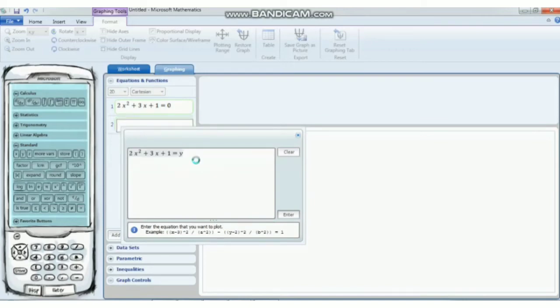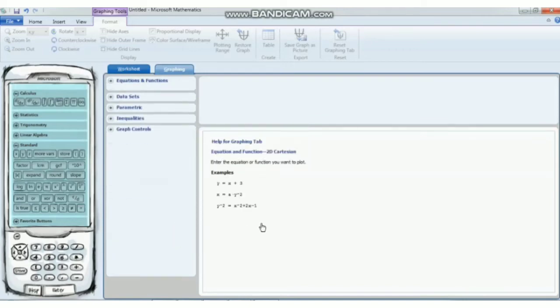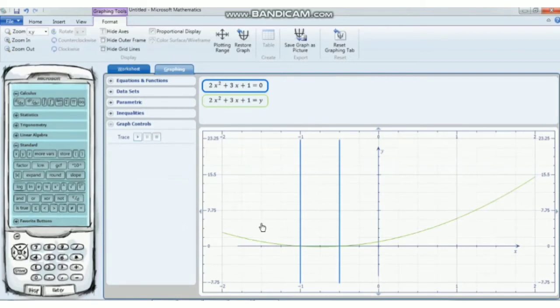Then we graph. So this is the graph of the 2 quadratic equations. The blue line is for the first equation, and we can trace to know each value of x and y of each quadratic equation.